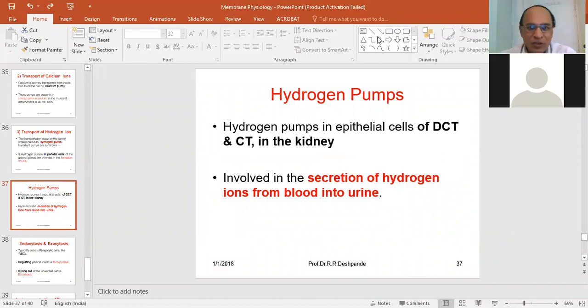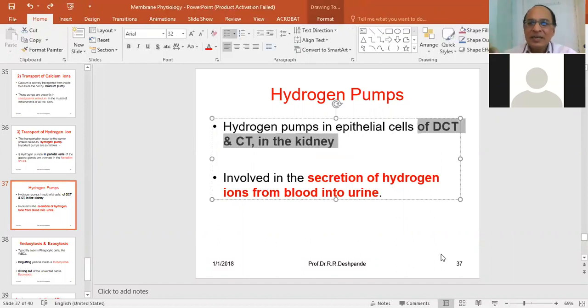Another hydrogen pump is present in the distal convoluted tubule and collecting tubule in the kidney. And what is this pump doing? It secretes hydrogen ion from blood into the urine. Remember, hydrogen is a strong acid, and that's why our urine is always acidic. pH is less than 7.